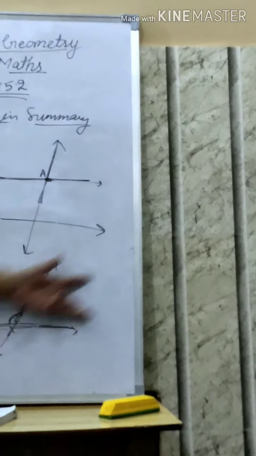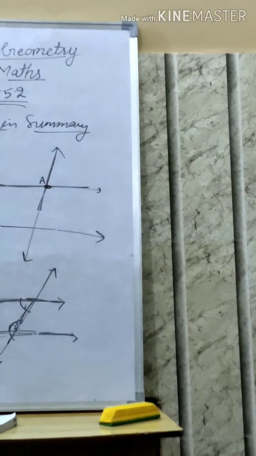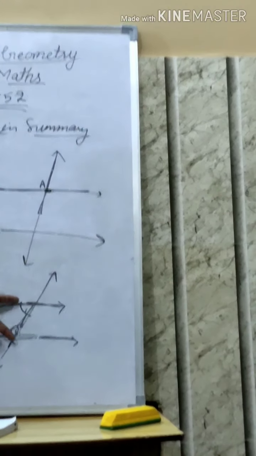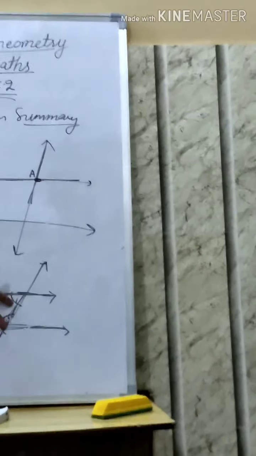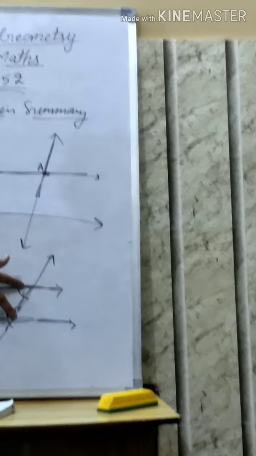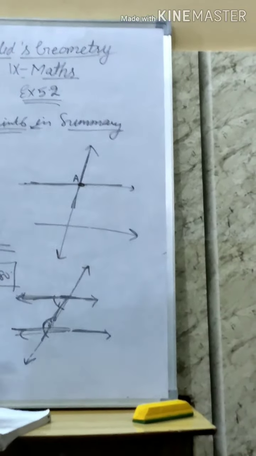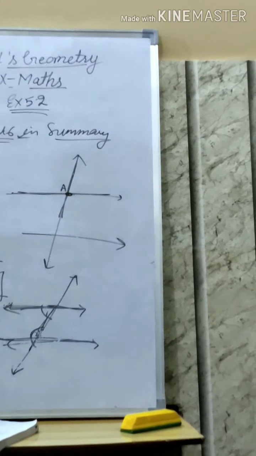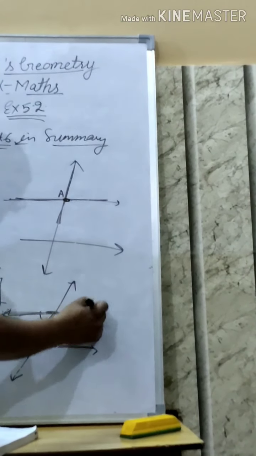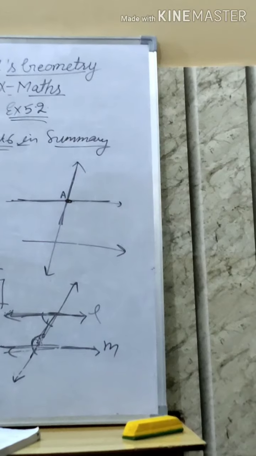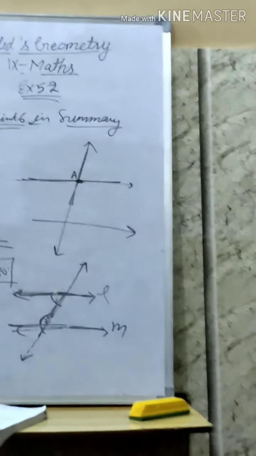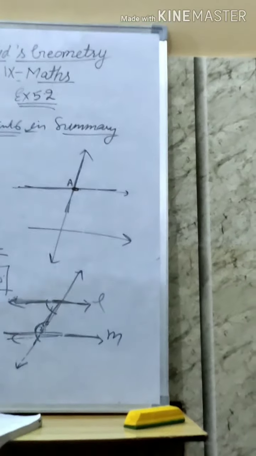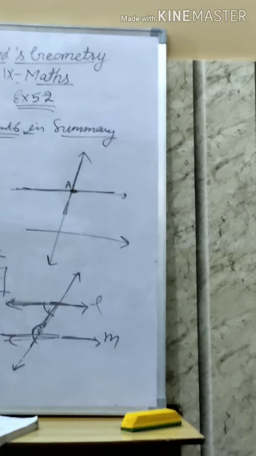If more than 180 degrees, they will not intersect in that direction. If the sum of co-interior angles, the interior angles on the same side of the transversal, is equal to 180 degrees, then you can see these two lines are parallel. So this fifth postulate contains this concept of parallels.